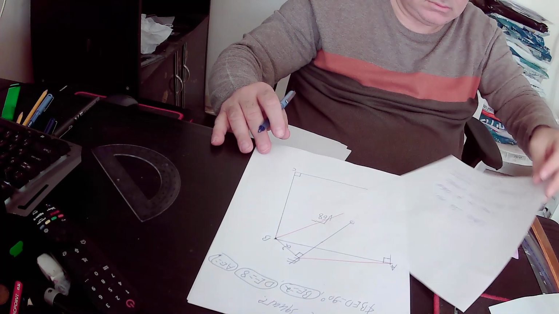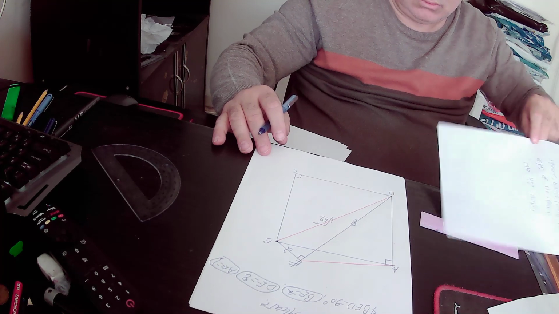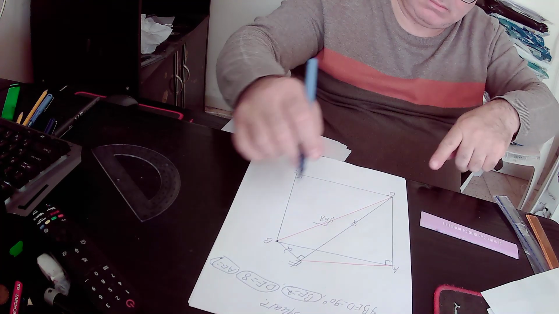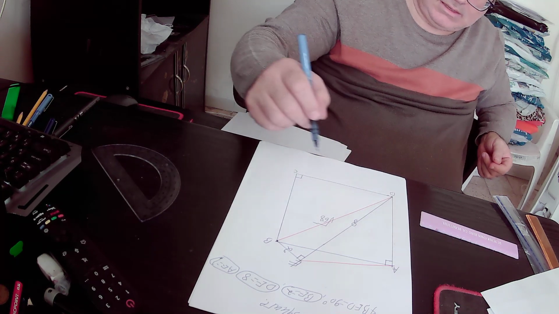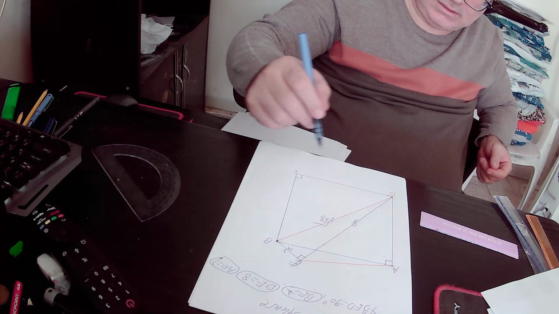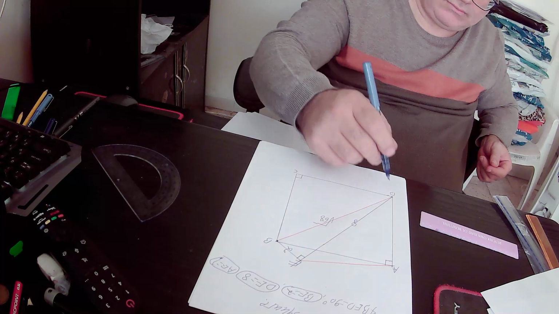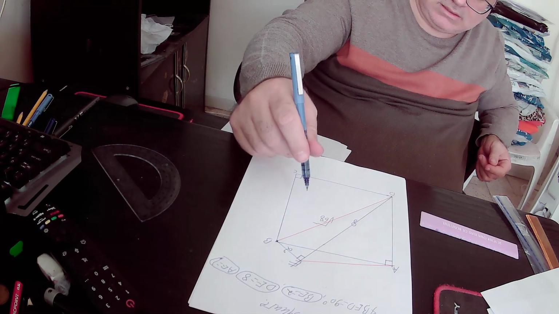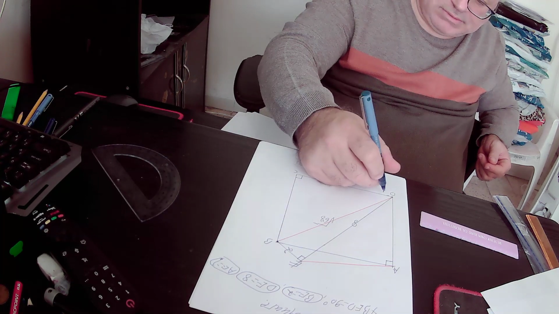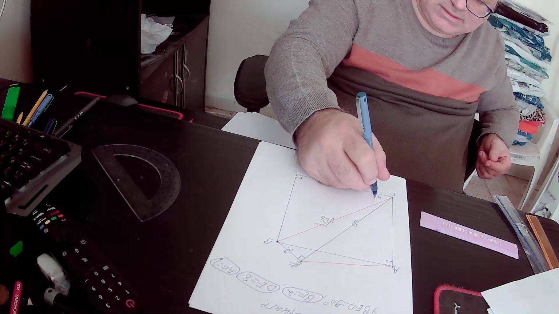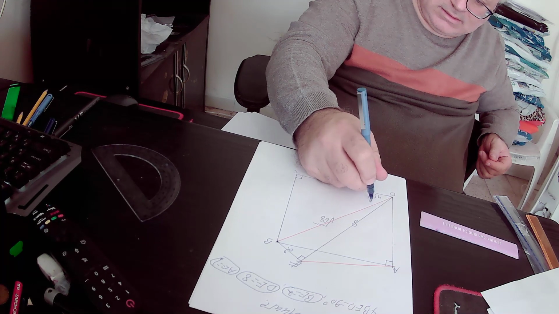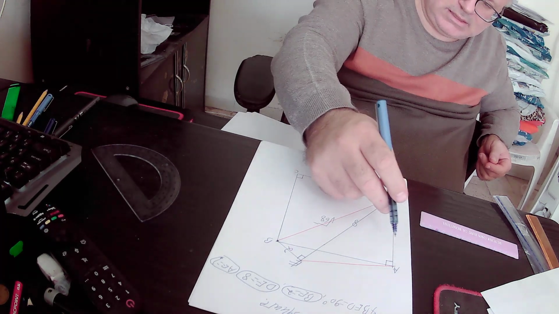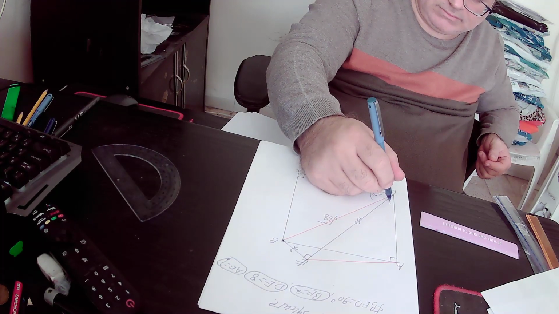So, according to rule number 1, the diagonal DB bisects angle ADC into angles of 45 degrees, that is to say, angle BDC will be equal to 45 degrees, and angle BDA will also be equal to 45 degrees.